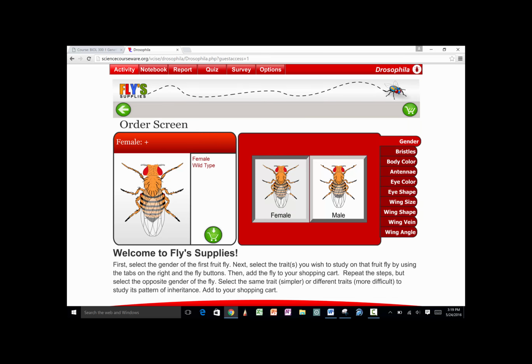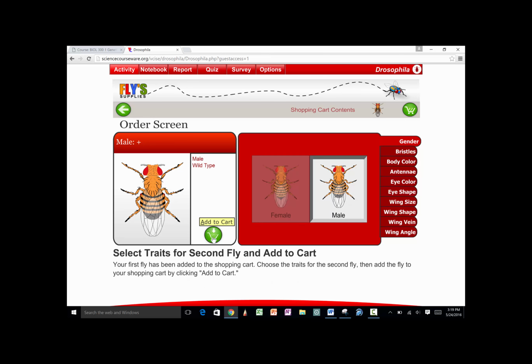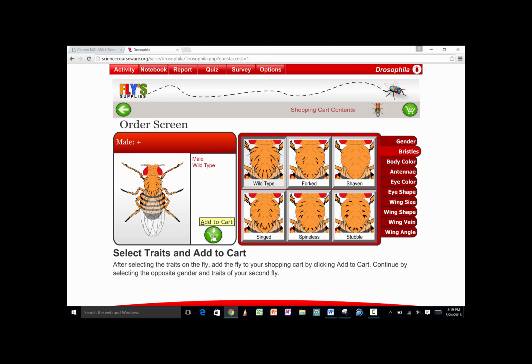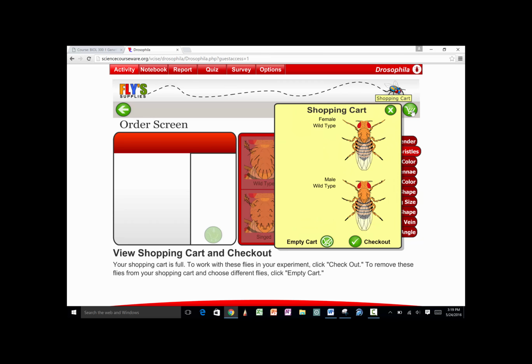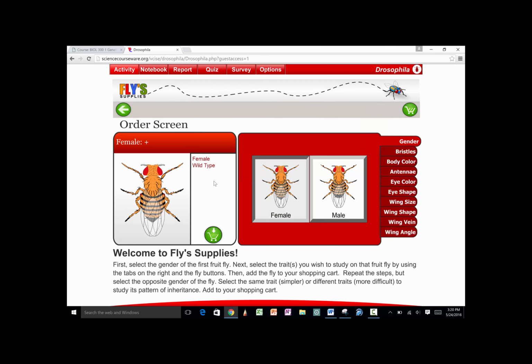So we just used a female that was forked. Now let's use a female that's wild type and make a male that's forked. Nope, that male's supposed to be... So I don't want to do it. I'll just empty the card. Yeah. I can live with it. All right, wild type female, male.